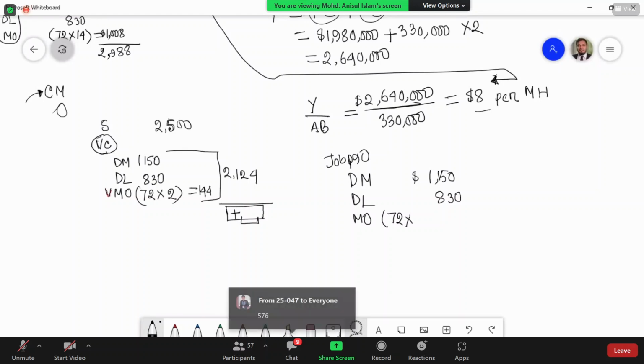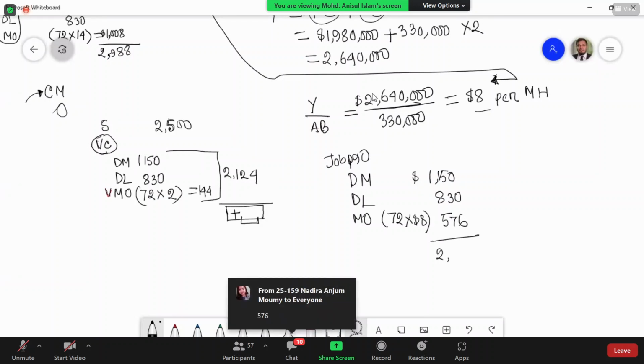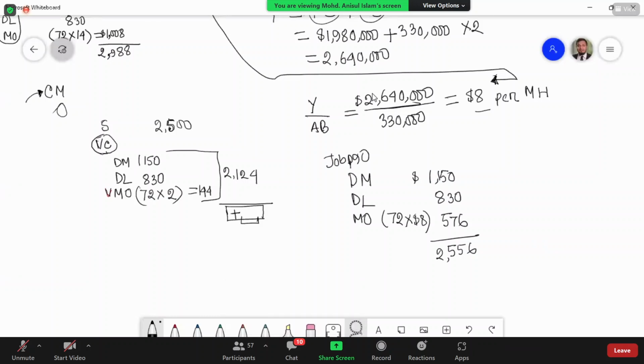If we multiply this, we get 576. So if we sum all of this, other than assuming any selling or administrative expenses, we get the total manufacturing cost for this job is 2,556.